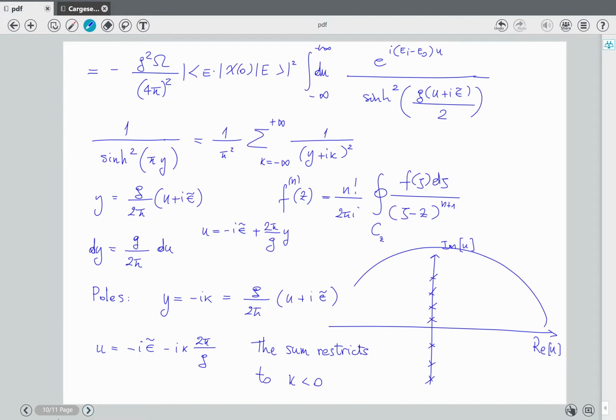Then we have the exponential factor and the denominator, which will be an infinite sum.